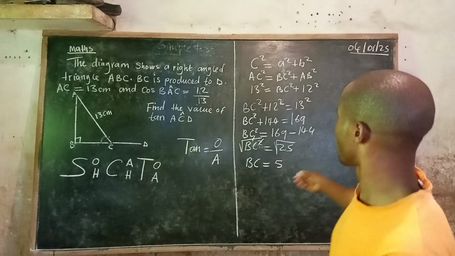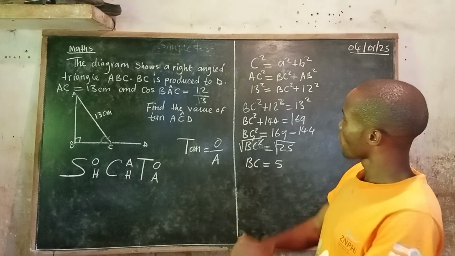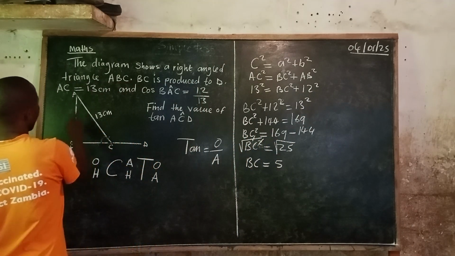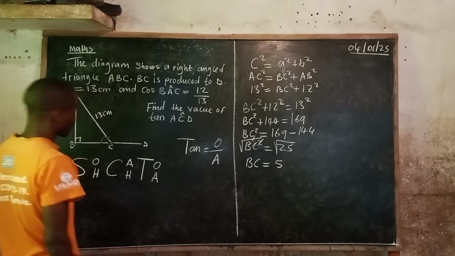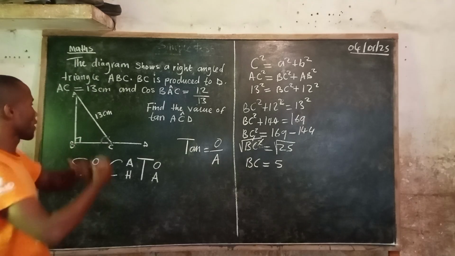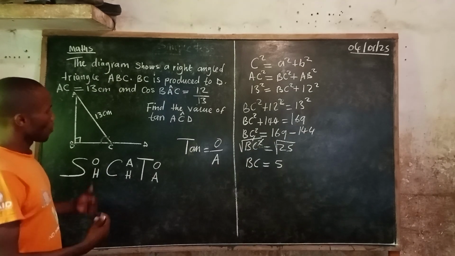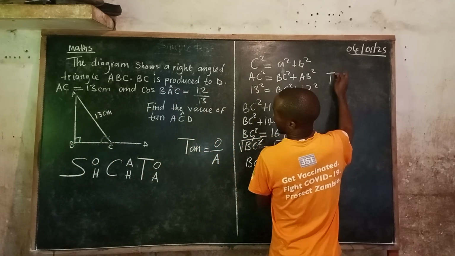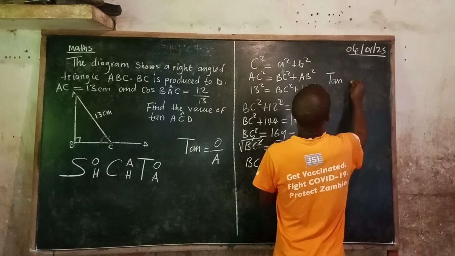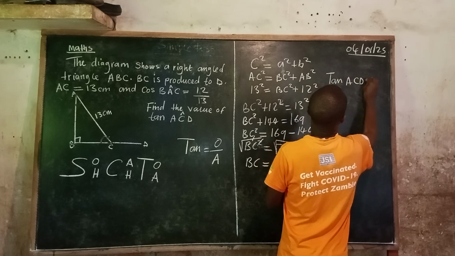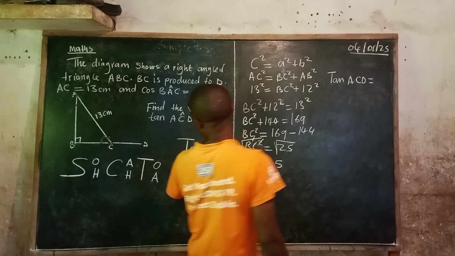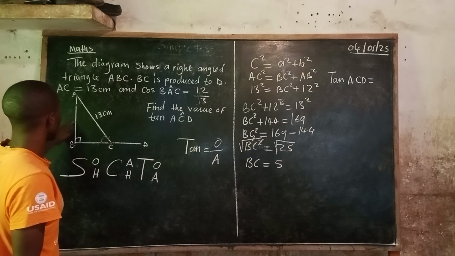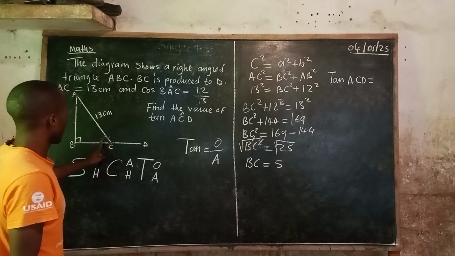So now it's very easy for us to find tan ACD. Tan ACD. Okay. So we have the opposite, we have the adjacent. So it's very easy. So how are we going to say it now? Tan ACD is equals to, what is our opposite? In this case, our opposite is 12.